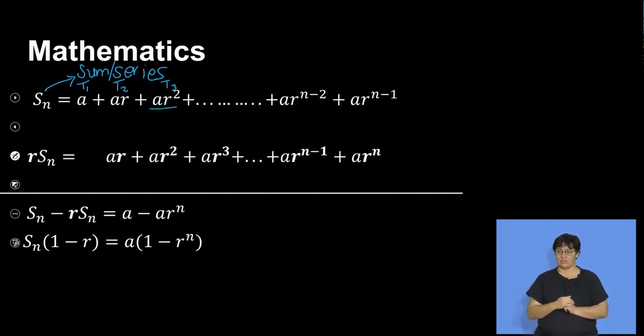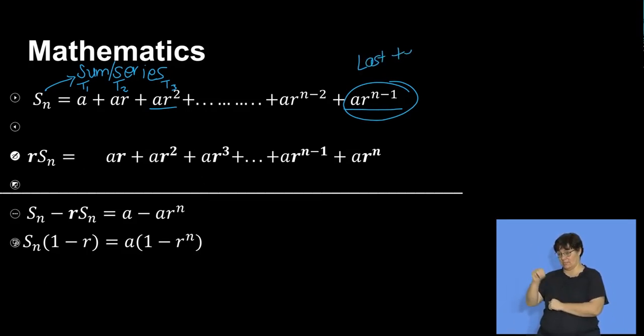So ar squared is the same thing as T3, going the whole way up to ar to the power of n - 1. The n - 1 indicates that this is the last term of the actual geometric sequence. So this is the list of adding all of the values of a geometric sequence together: a + ar + ar squared, going the whole way up to ar to the power of n - 1.